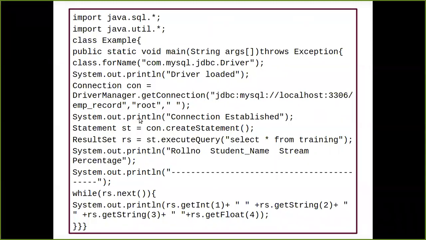Then it has root as the username for that database, and there is no password. But if we give a password, say XYZ123, that is going to be the credential of your database, because you can have numbers of databases created in your MySQL, and you can have credentials for each database you create. So based on the credentials, your connection class is going to understand which database it has to connect to.